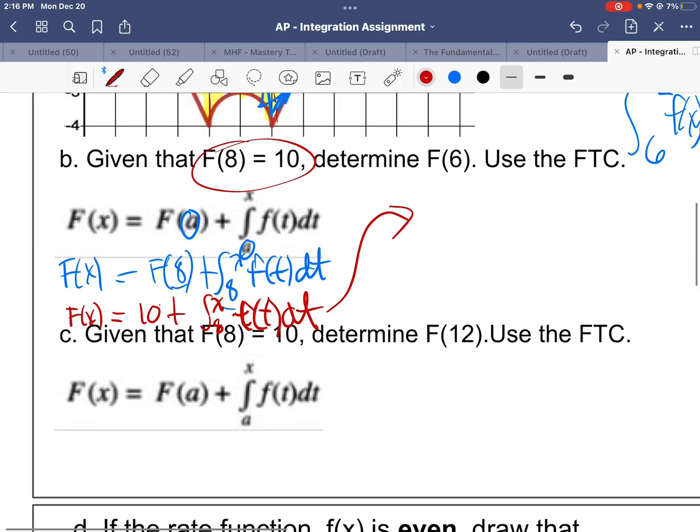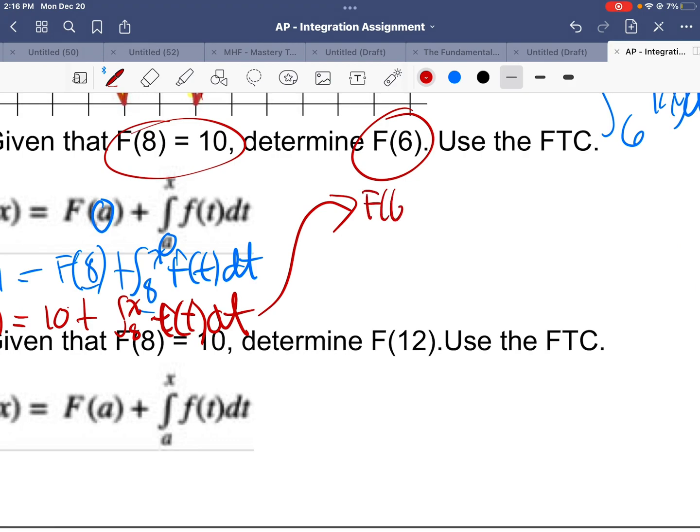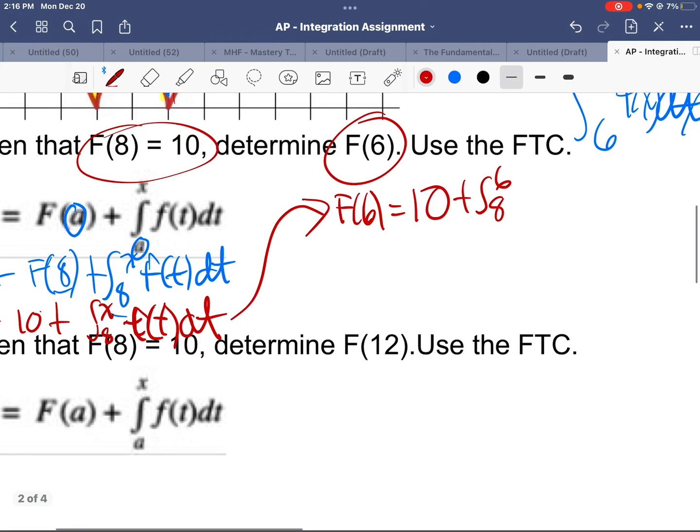So now instead of f at x, I want to find F at 6. So F at 6 will equal 10, right? But let's look at this. So this is x here, so that becomes x there. So it's going to be F at 10 plus the integral from 8 to 6 of f of t dt.